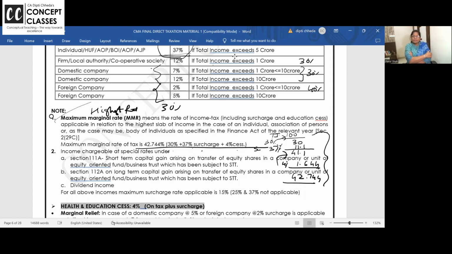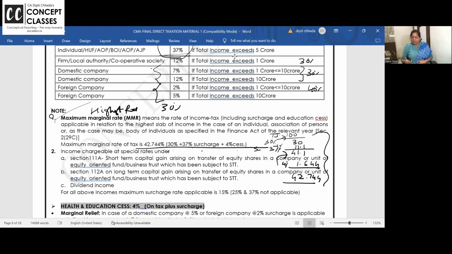AOP, BOI. In an AOP, we don't know how you have earned the income and how all the members are paying tax. You pay the tax at the highest rate. Government can literally send you the notice: you are a body of individuals, not a partnership, it is a joint venture, you have registered, pay the tax at 42.74.